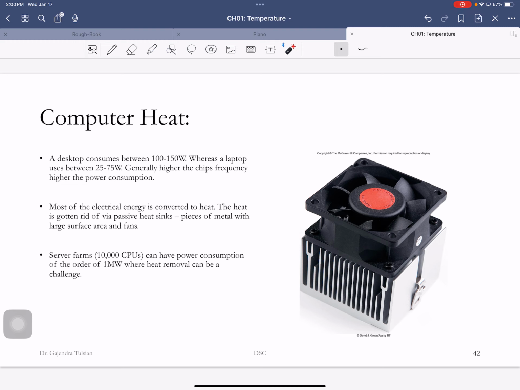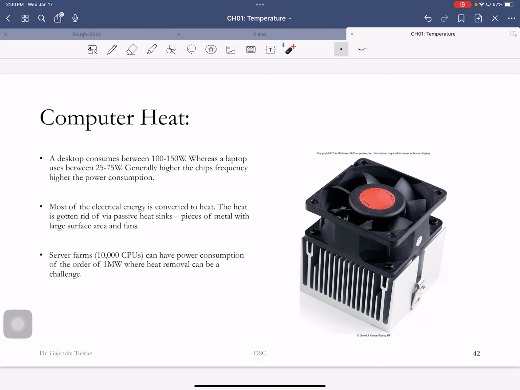So a couple of rooms, and you're producing as much heat as a home, which is roughly a kilowatt. 1,000 homes' worth of heat. If your air conditioning goes down, millions of dollars of servers will go up in flames. So you have to learn to cool those server farms.